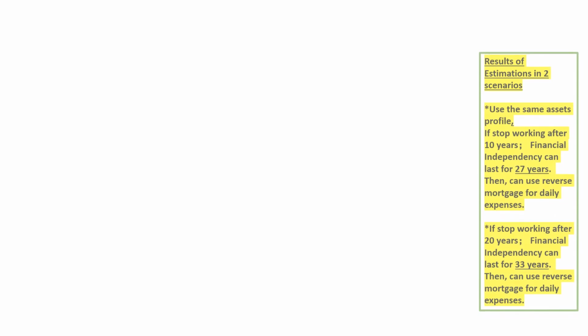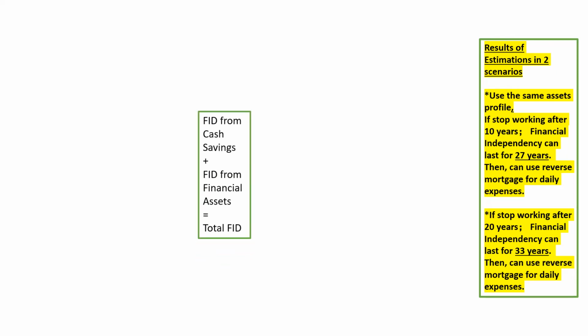Now let us see the results in the two scenarios. Roughly speaking, we get a financial independence ratio for both scenarios. In one, they work another 10 years, and then they will use the cash savings and then the financial assets for their living after retirement.